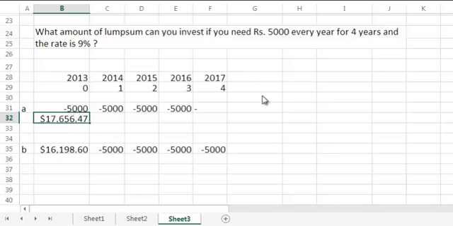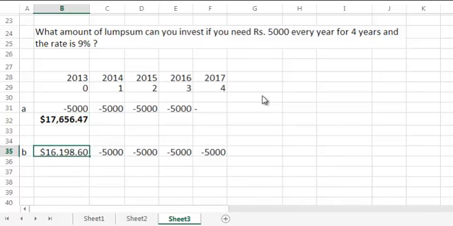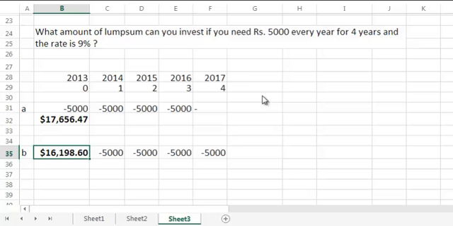Also, is there any relationship between these two numbers? 17,656 and 16,198. Well, as you must have guessed it, the difference between these two numbers would be 9%. So see, if you increase 16,198 by 9%, not decrease 17,656 by 9%, but increase 16,198 by 9%, you would get the above figure.